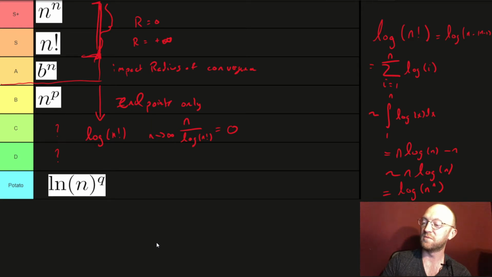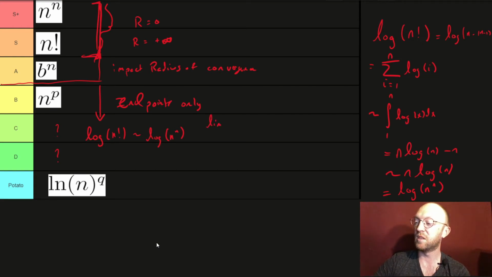So log of n factorial is like log of n to the n. What do I mean by that? Well, the limit as n approaches infinity of log of n factorial over log of n to the n equals 1.